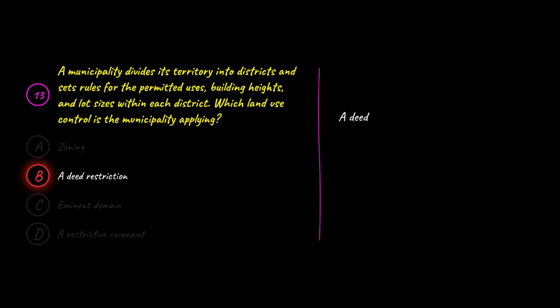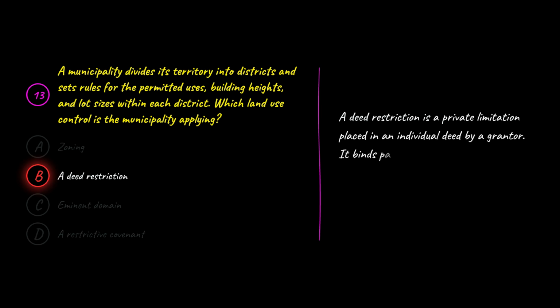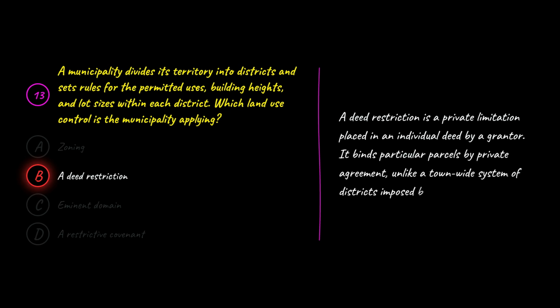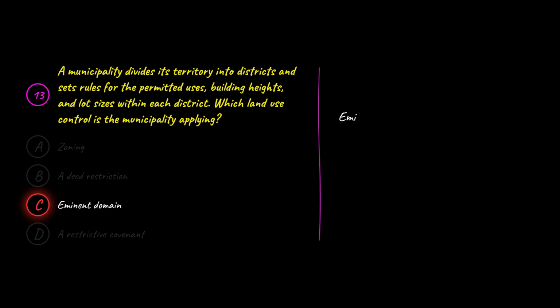B is wrong because a deed restriction is a private limitation placed in an individual deed by a grantor. It binds particular parcels by private agreement, unlike a town-wide system of districts imposed by public law. C is wrong because eminent domain is the power to take property for public use with compensation.